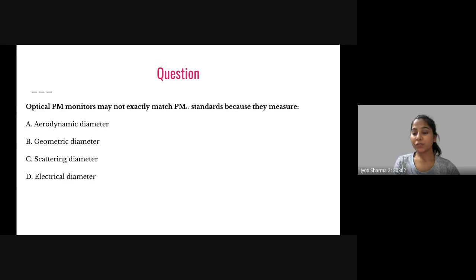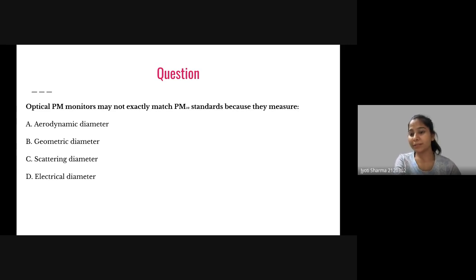Are you asking me the question, or you're telling Priti? Okay, so you are asking. Your question is: retention of particulate matter on impactor depends on the particle velocity and geometry of the impactor, or momentum and geometry.